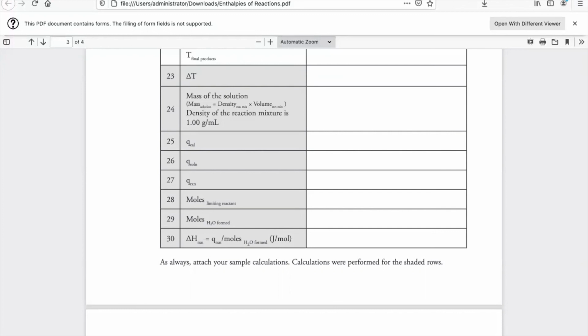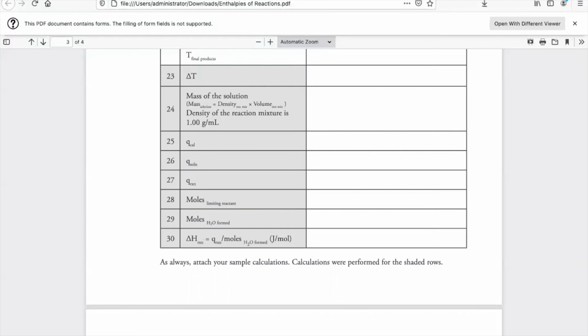For example, write a balanced equation between sodium hydroxide and HCl. If this is the number of moles of HCl, how many moles of sodium chloride will be produced? If this is the number of moles of sodium hydroxide, how many moles of sodium chloride will be produced? The one which gives you less amount of moles will be the limiting reagent.